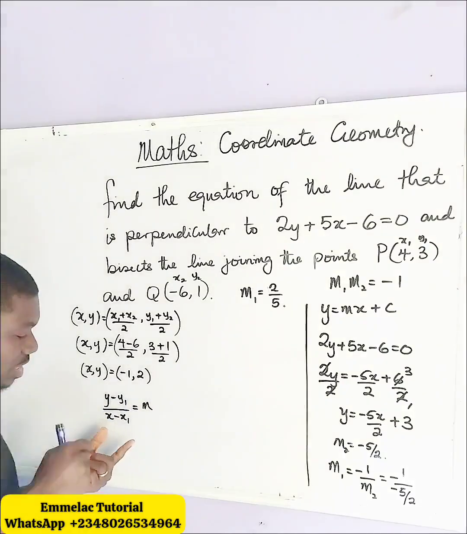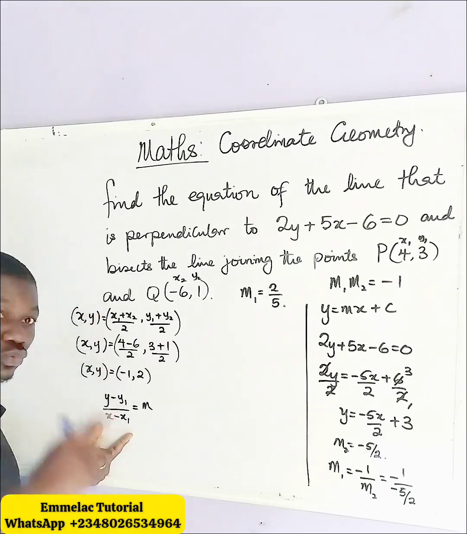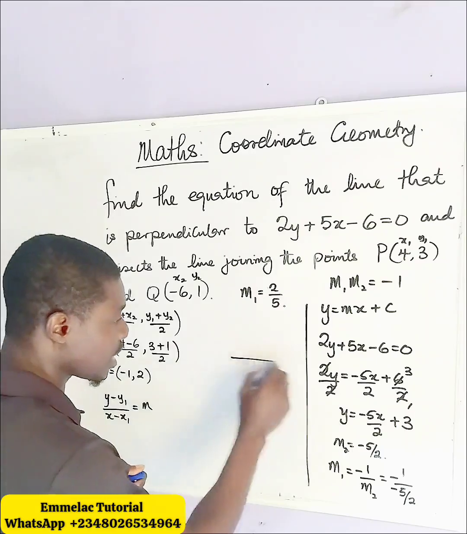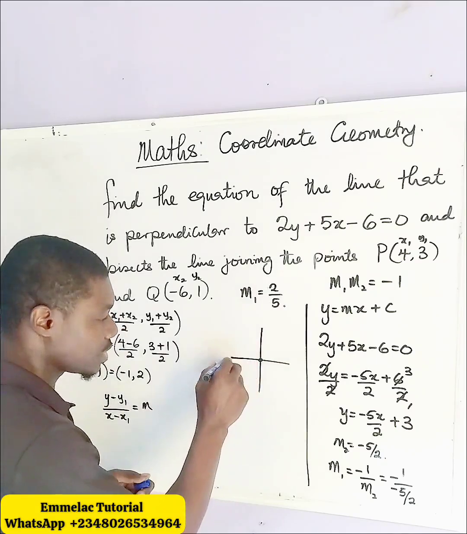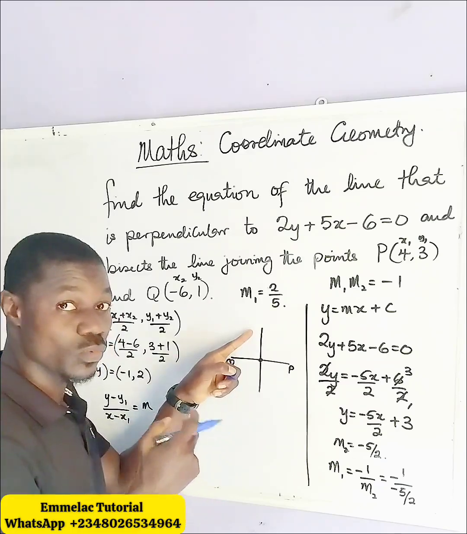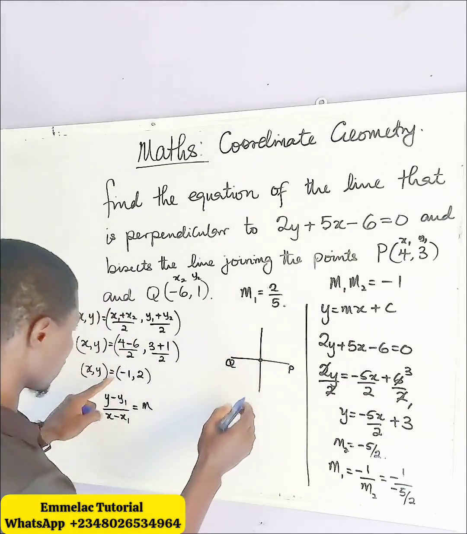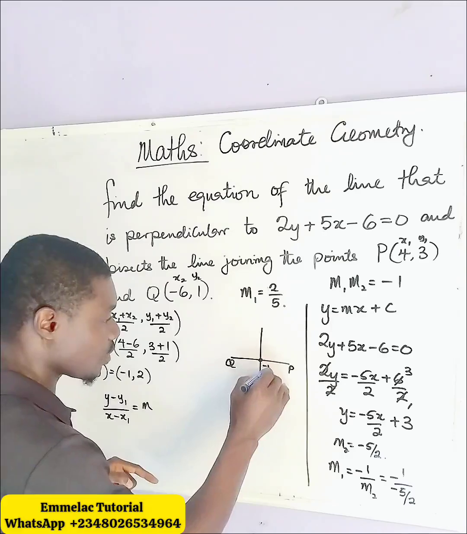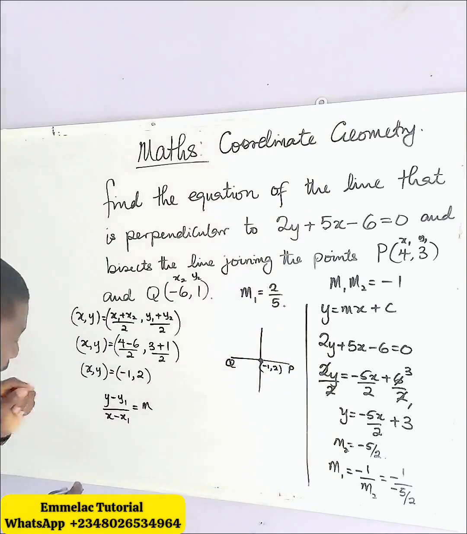This is the formula to get the equation of a line passing through one coordinate. From the diagram I drew, this is the line, this is Q and this is P. The unknown line passes through this coordinate, which is now negative 1 and 2. So apply that here.